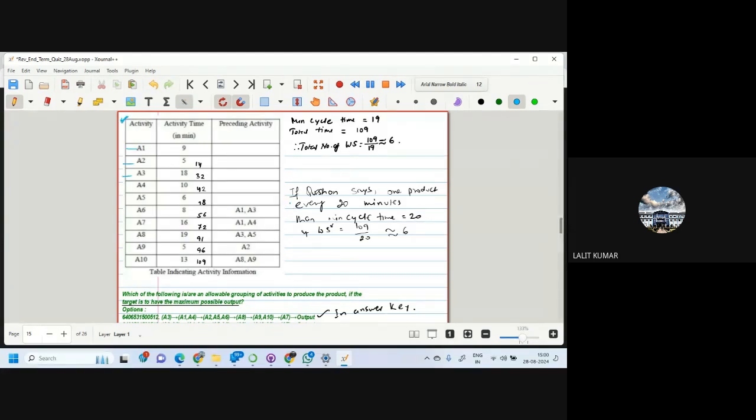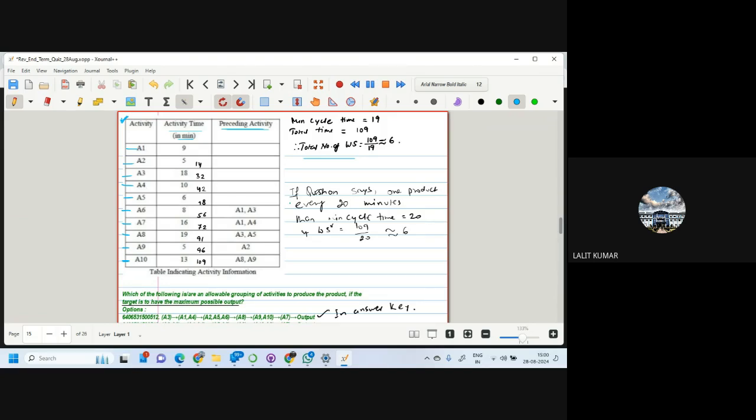Activities 1, 2, 3, 4, 5, 6, 7, 8, 9, and 10 are given. The activity time is given in minutes, and they have also given the preceding activity, that is required for that activity to happen. So see in this, first we find the total number of workstations.